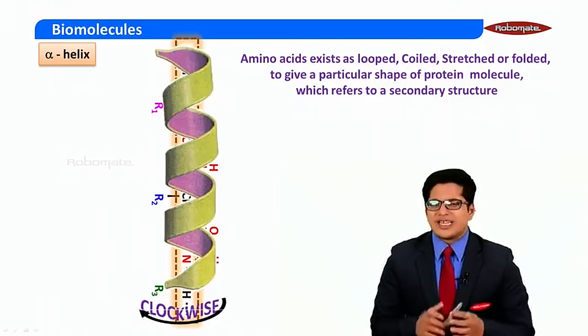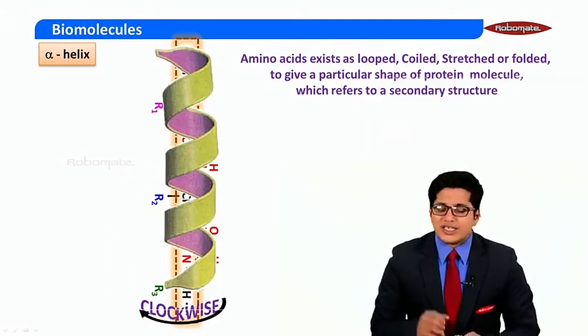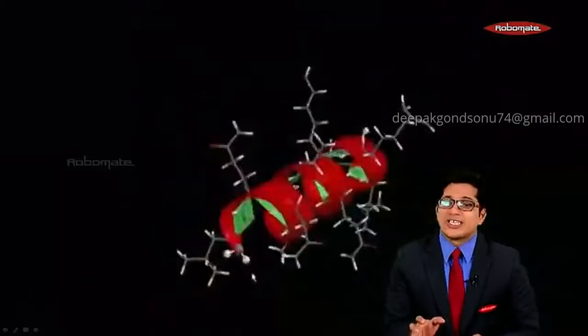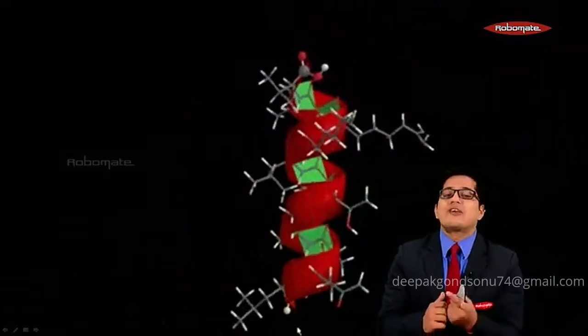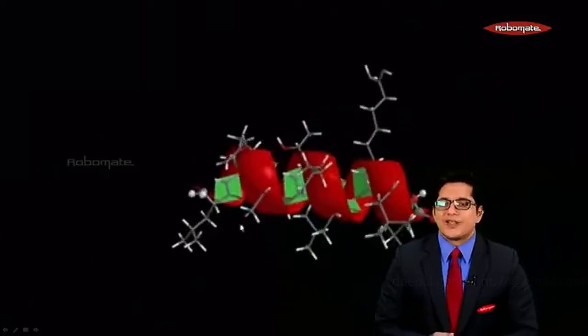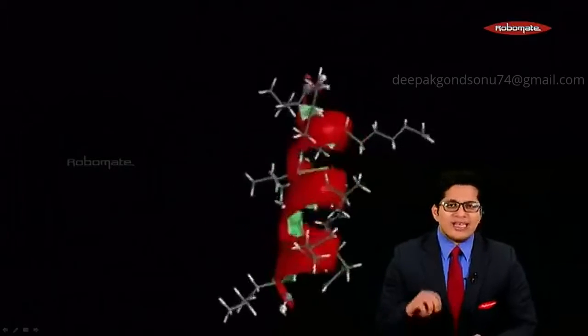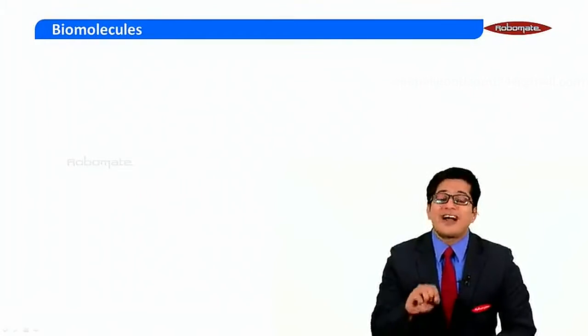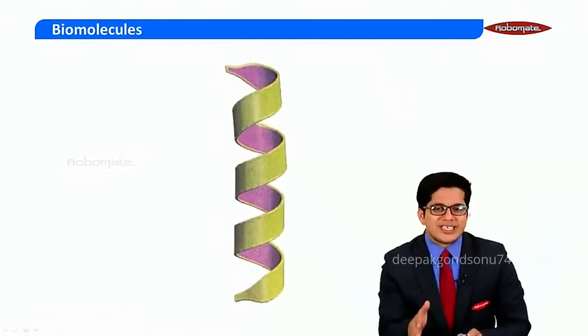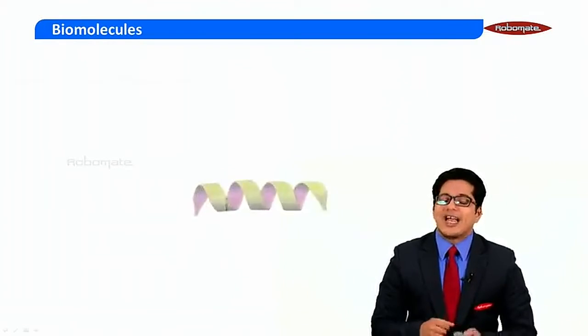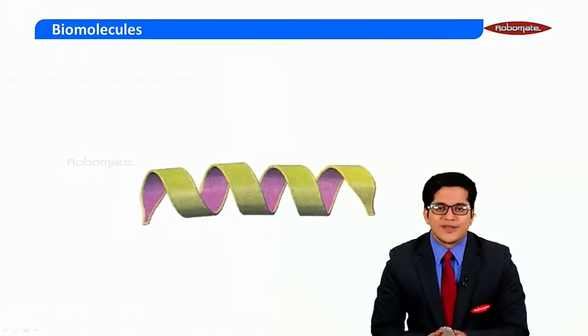Similarly, to get a good idea about this structure, the alpha helical structure looks something like this, wherein you have actually a spirally coiled structure. Moving further, now let's take this alpha helix, but instead of keeping it vertical, let's imagine this as a horizontal structure.